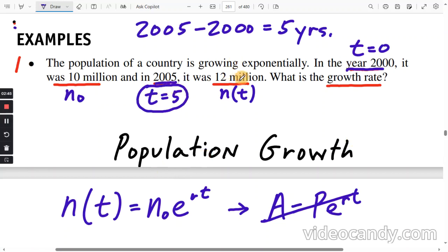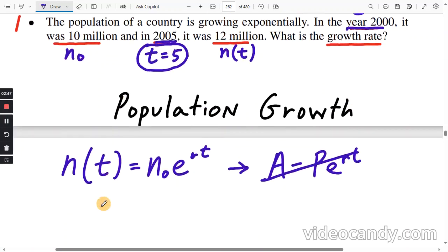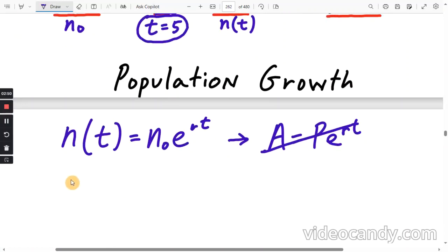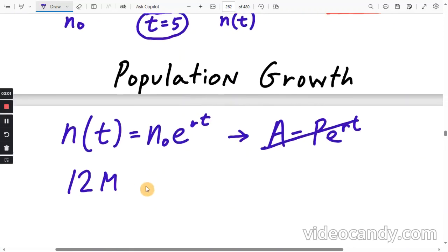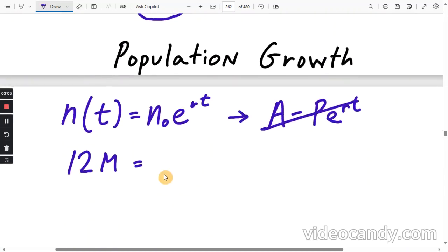We're using t equals 5 because the population has been growing for 5 years. N of t is 12 million, and I'm just going to write 12m. You really do not need to write 6 zeros because we're going to end up dividing by N sub 0 anyway. N sub 0, the population at time 0, was 10 million, and that is times e to the power of r, which we do not know.